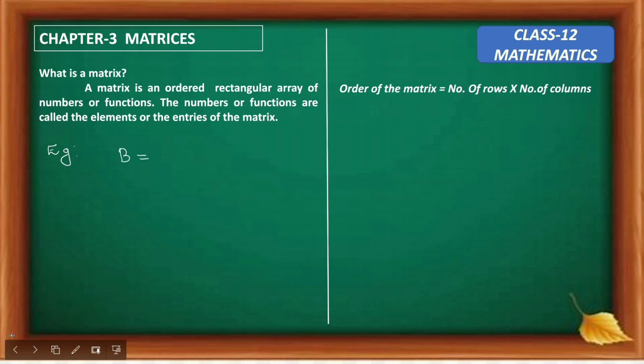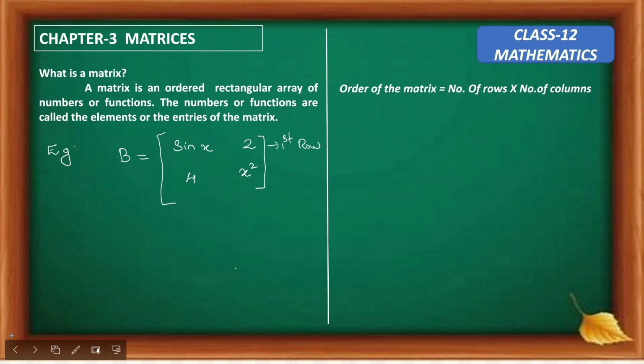B equal to, here I am going to give the name capital letter B. Then sin x, 2, then 4, x square. Here, how many rows are there? There is the first row, then this second row.